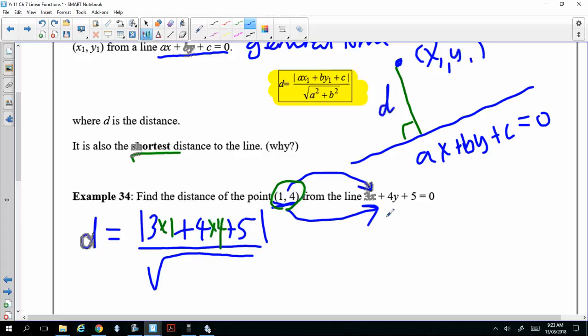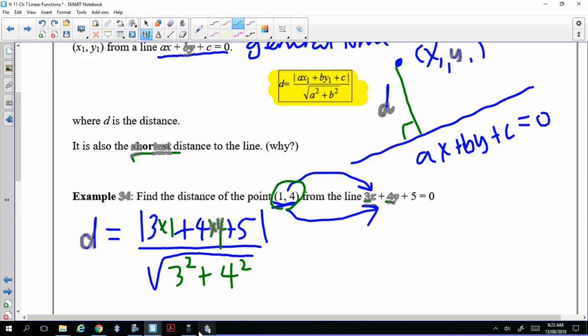And then what do we do next? We have to square the 3, square the 4, the coefficients of x and y. Now, if you just press the button, you'll get the answer. Let's try that. So you go absolute fraction.